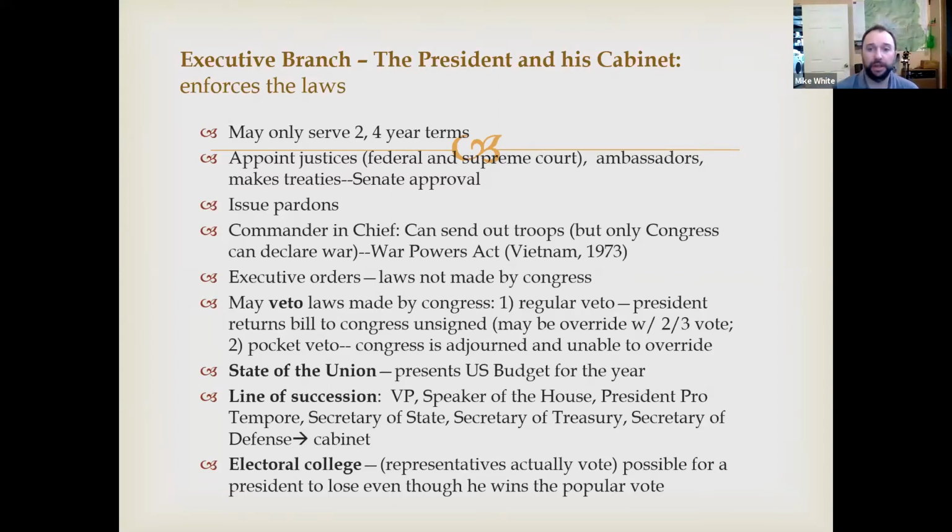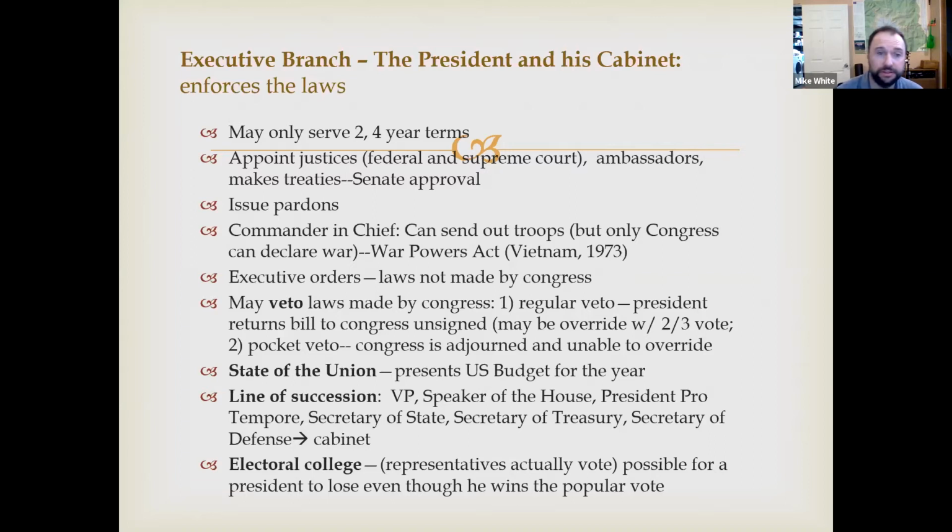They also appoint ambassadors and make treaties. All of those things, however, need the Senate's approval. So when we get into talking about checks and balances, which hopefully we get into today, that will come up again. So the Senate ultimately has to approve those appointments, but the president gets to decide who fills those.